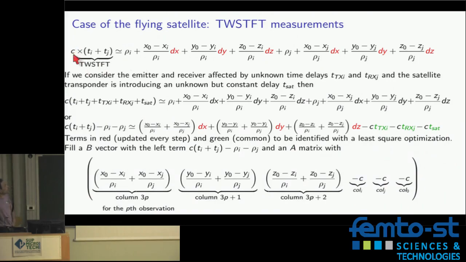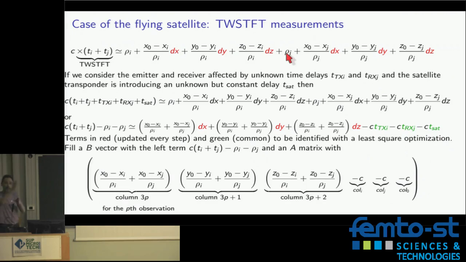You say that you've got the speed of light times the two-way time transfer. So you have the time from the first observation plus the time of the other observation. You express this as the range, so the range to the ideal position of a satellite in space. And we take our Taylor series where we have the theoretical position, we have the ground station location, and we have dx, dy, dz.